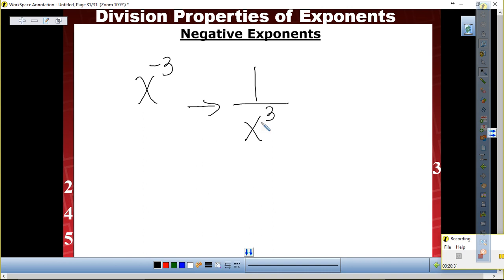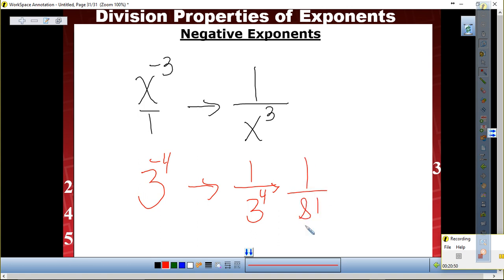Is that correct? Okay, because we have an imaginary 1 there. We do the reciprocal inverse. Focus, please. So with that same idea, we can do that with numbers. 3 to the negative 4 becomes what? 1 over 3 to the 4th, and we can reduce that and simplify. It becomes 81. Are we there so far?